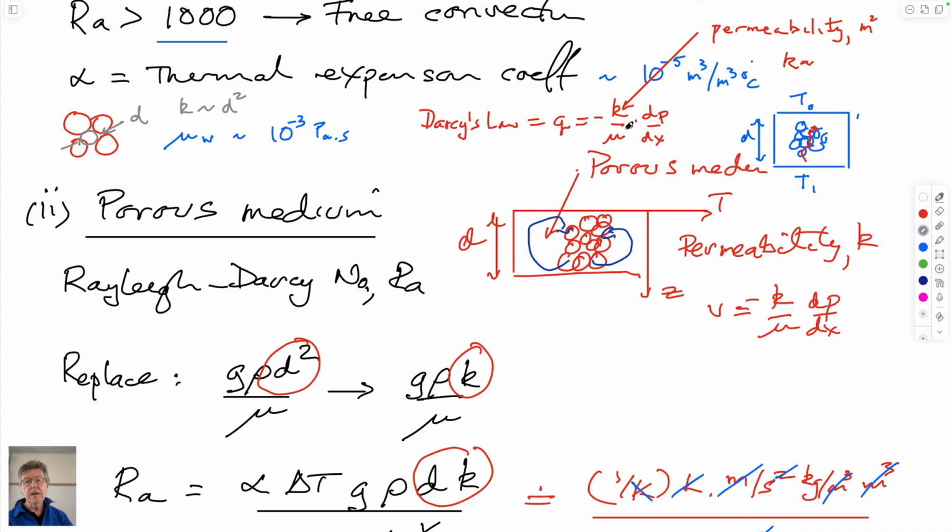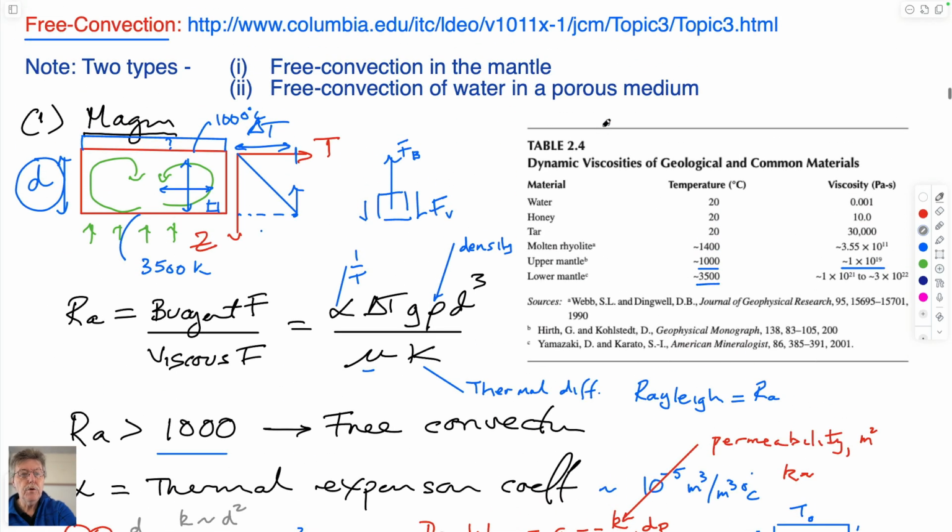In other words, this permeability takes the place of what resists the buoyant convection. It tries to rise against a viscous force acting on the sides of it. In this particular case, the viscous force is the other static fluid, with this little cube of fluid moving up relative to it.